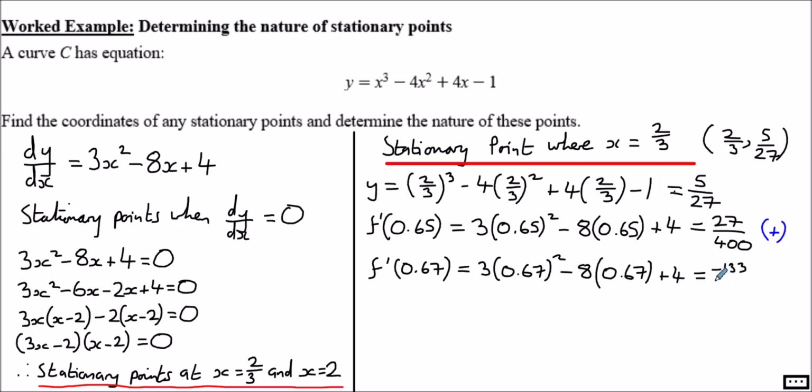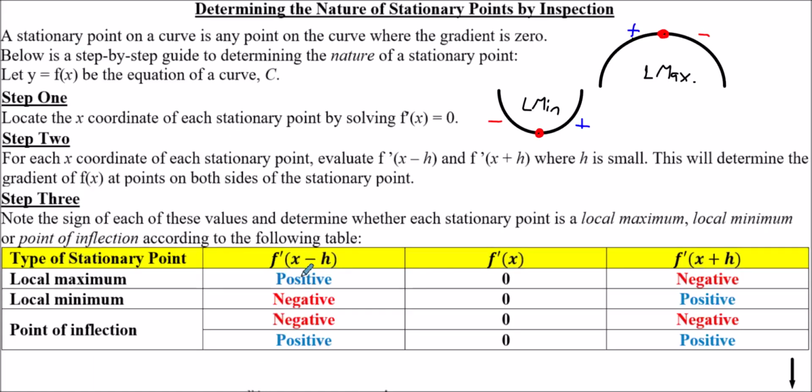Now the exact value doesn't matter. All we're really concerned about here is the sign of our answer. This is negative, and so just make a note that's negative. And so this gradient has gone from being positive, then to 0, and then to a negative value. So positive, 0, negative, just return to what we had before. If it's positive, 0, negative, that shows that it must be a local maximum.